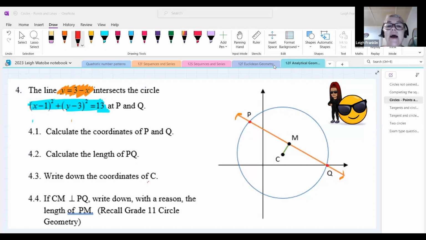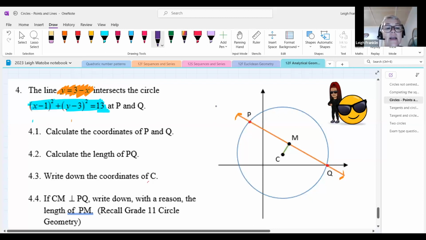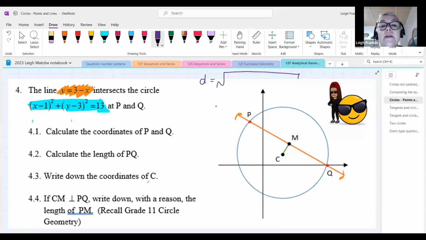Let's see how you guys do with question 4.1. All right, when you are done with 4.1, put done in the chat. If you think you can do 4.2, then you're welcome to get started, but then I will do the rest with you. Okay, so just in case you need this formula, I'm just putting it here.